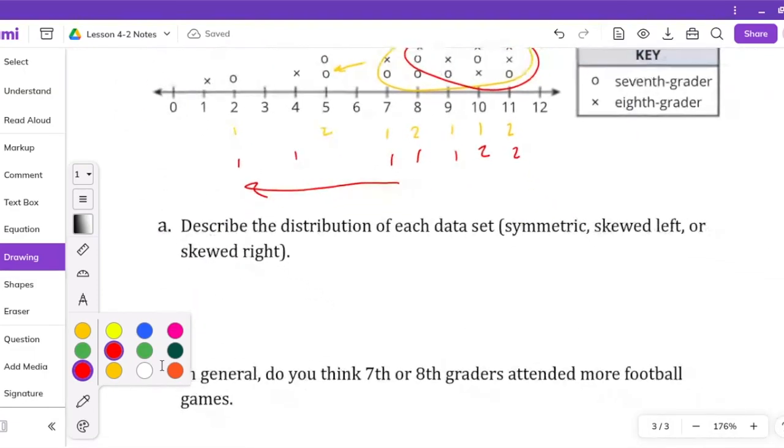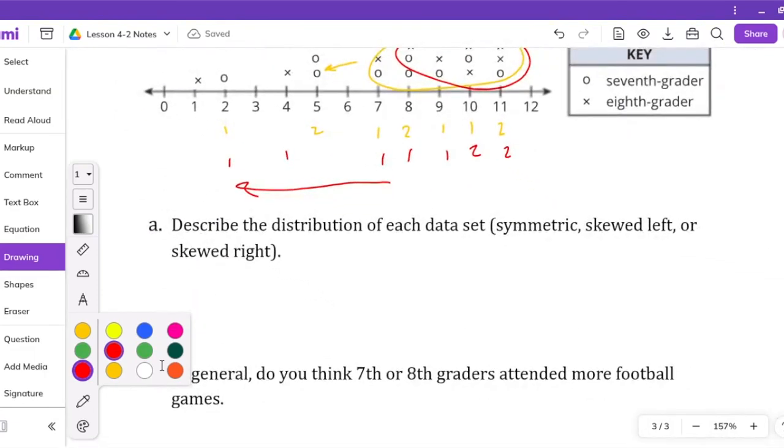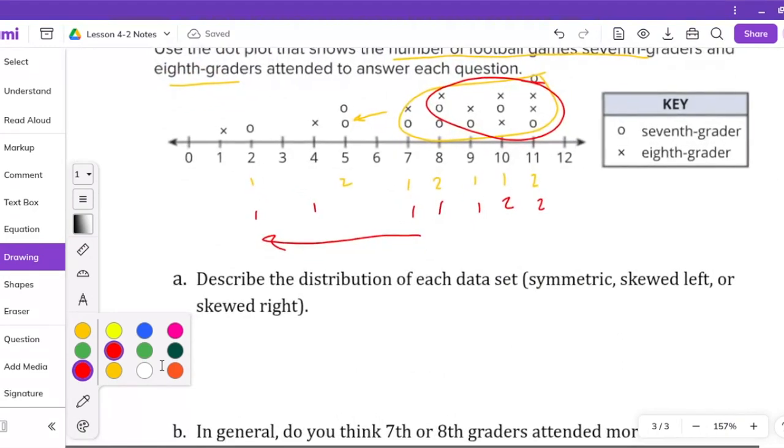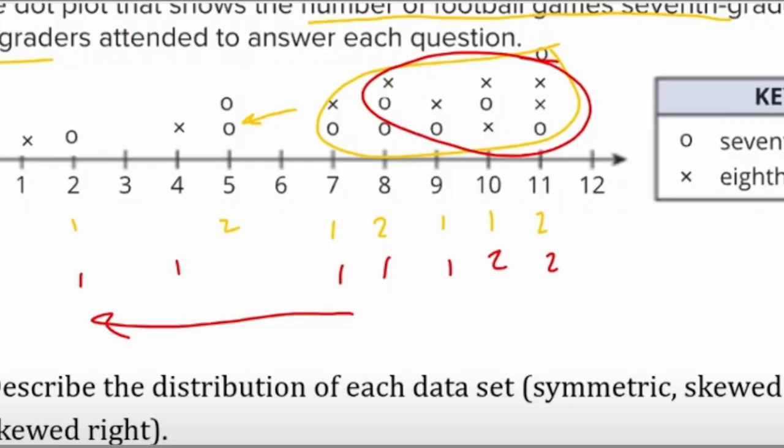So describe the distribution of this data set for each data set, in other words, for the 7th graders and for the 8th graders. While it may seem like we're skewing this way because all the data is on this end, think about what's happening with the mean. When we talk about the data being skewed, we're asking whether the mean is being pulled one way or the other.